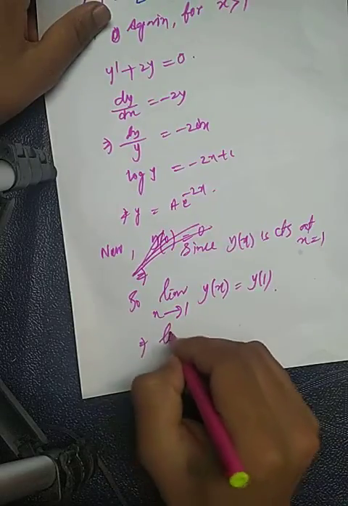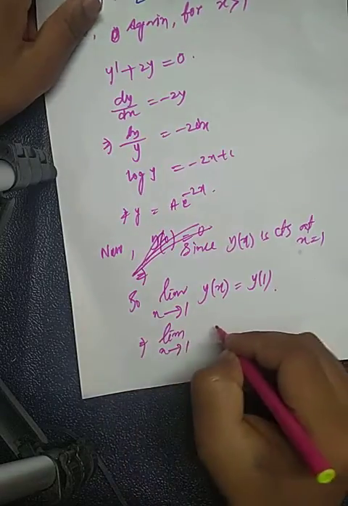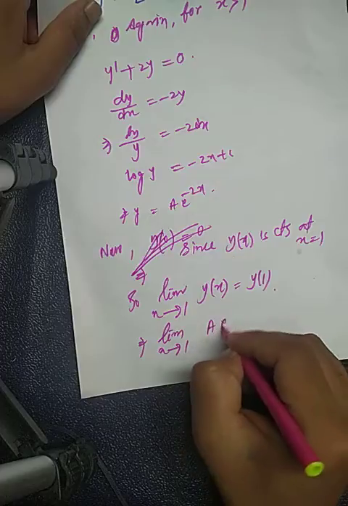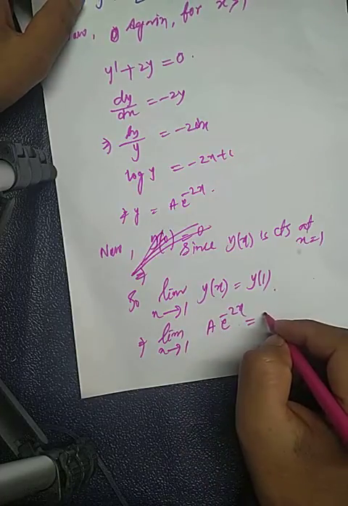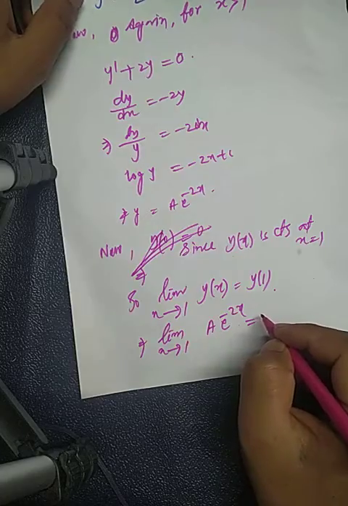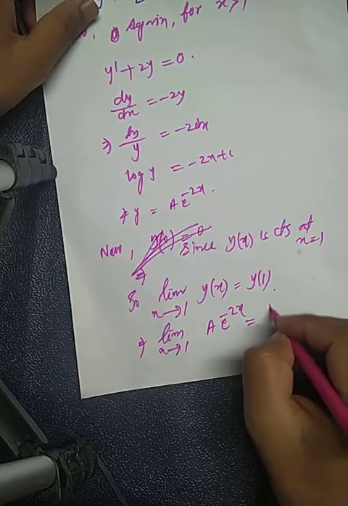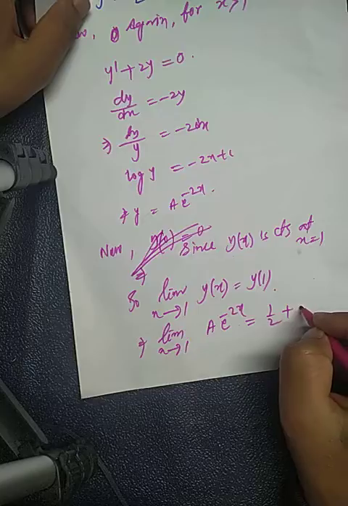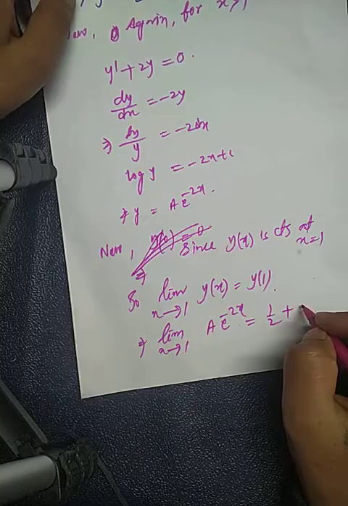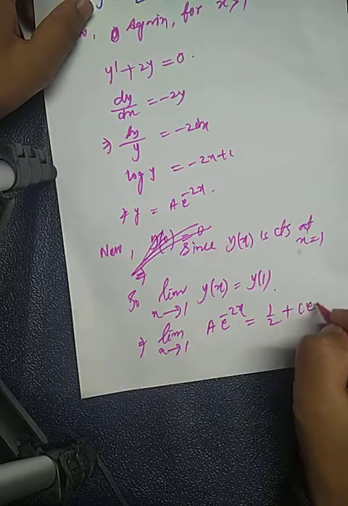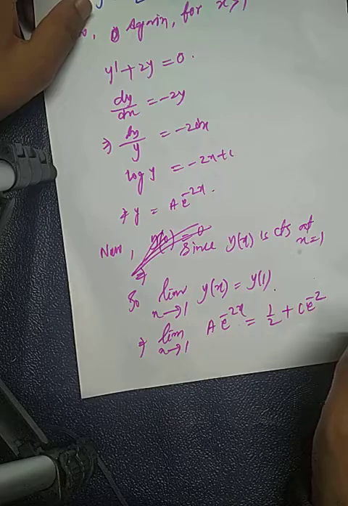This implies the limit as x tends to 1 of a e to the power minus 2x is equal to y of 1. What we will have is y of 1 equal to half plus c times e to the power minus 2.